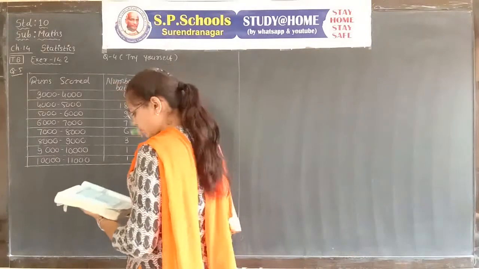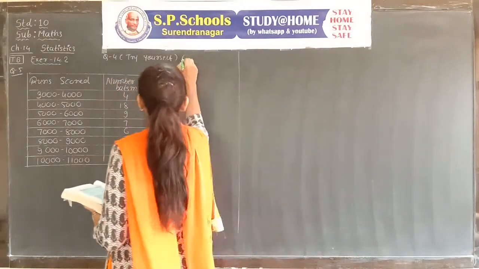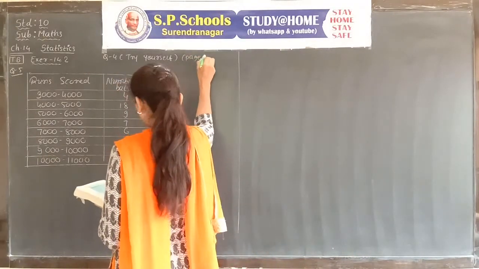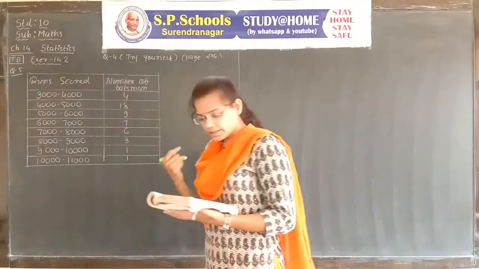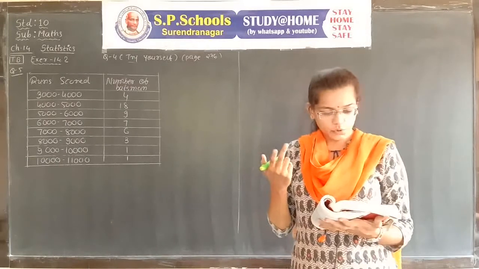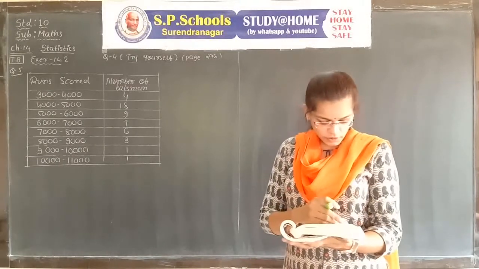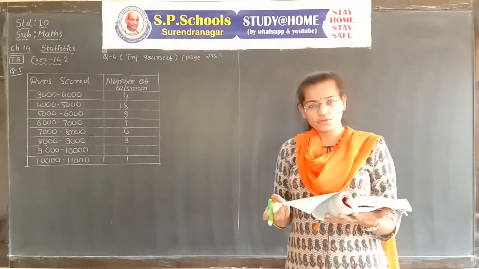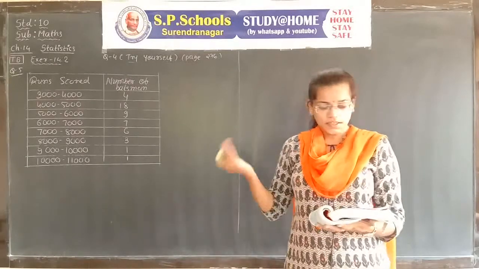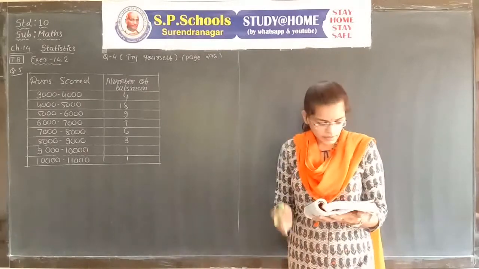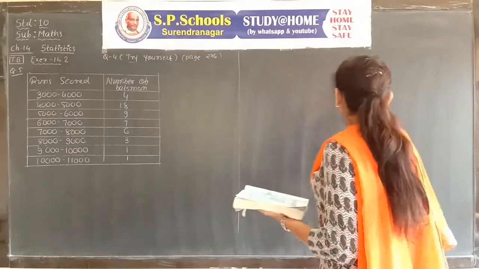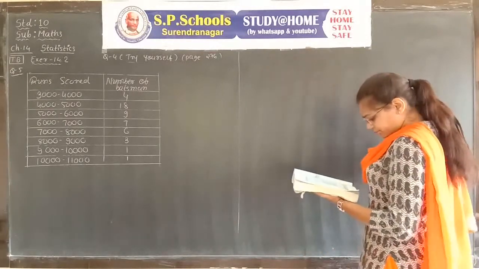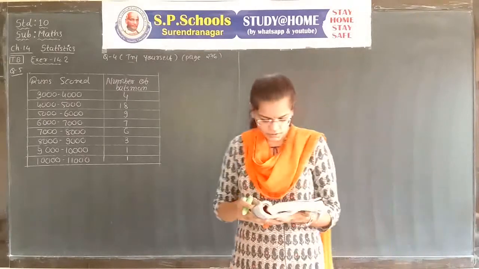From exercise 14.2, the question number 4 on page number 276. Try yourself. In this one, we need to find both mode and mean as per our question number 2. As you know how to solve the first one, same as our fourth number. Now discussing the fifth number, and then the question number 6 we will discuss in the next session.